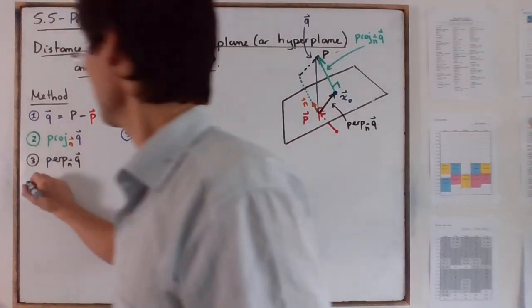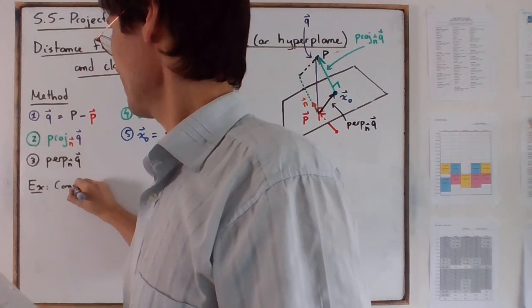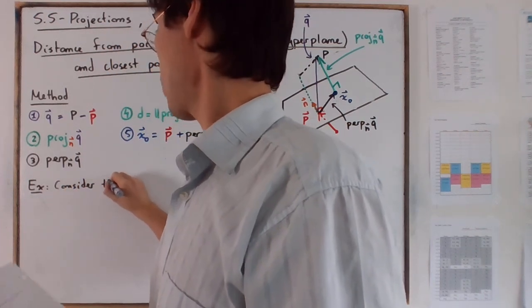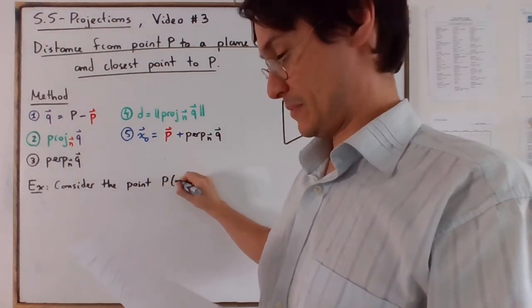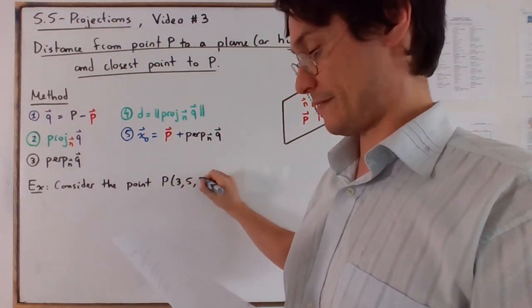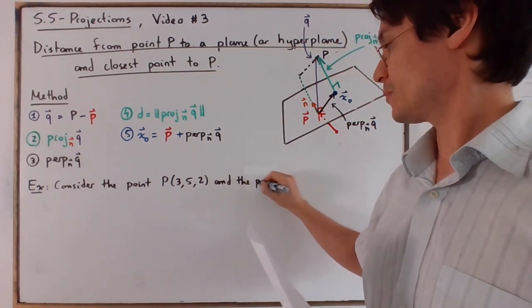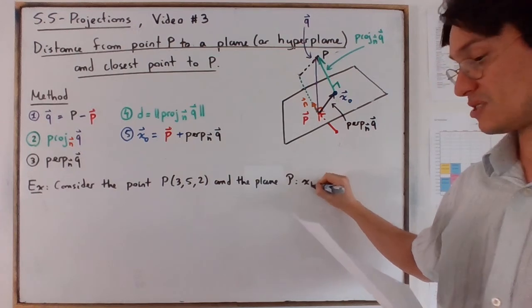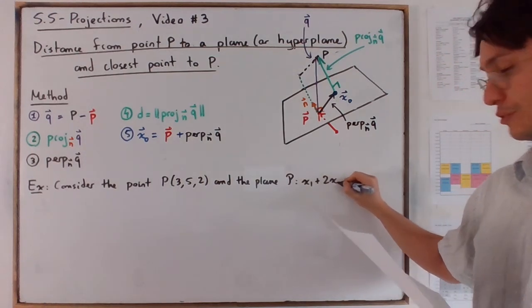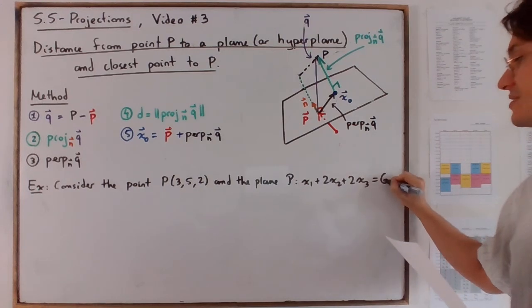We consider the point P, which is (3, 5, 2), and the plane P, which is x1 plus 2x2 plus 2x3 equals 6.